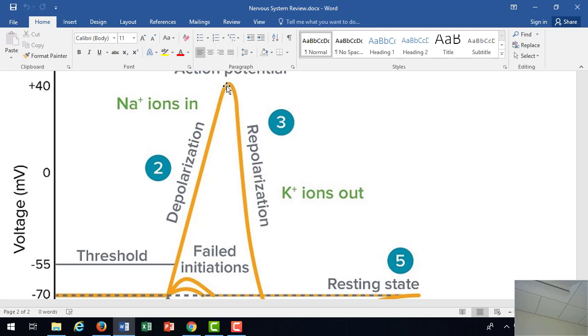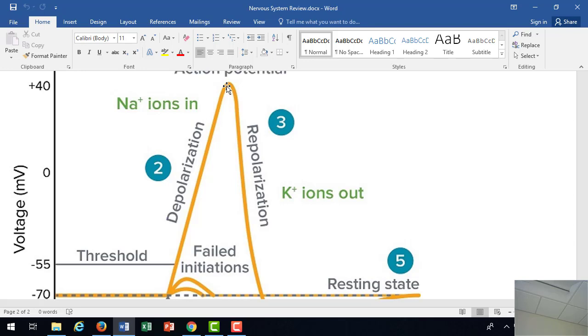So what happens to my charge inside the cell if I start losing positive ion? It drops back down again, right? And it drops back down until I get all the way to -70, and all the sodium channels were already closed because they shut at +40. Now all my potassium channels close at -70, and I'm back to the resting state again.